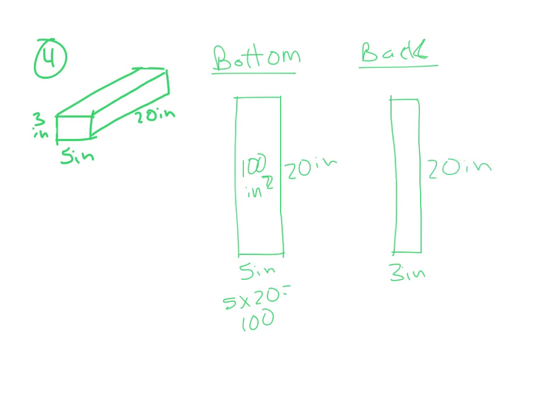To find its area, we take 3 times 20, which is 60. So the area of the back face is 60 inches squared. So there's the bottom and the back.